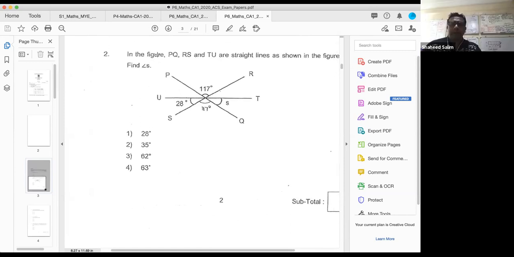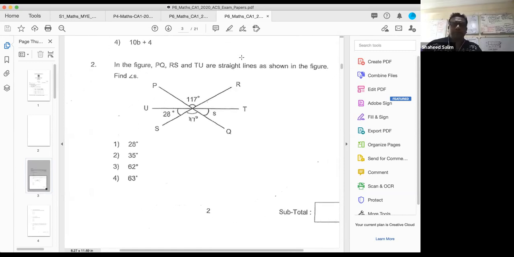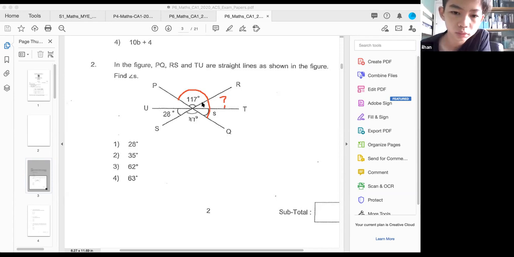Okay, let's see. Okay, Ilhan now. Down here now, we know this is, we want to find S. This is straight line. So from here to here is 180 degrees. What is this angle, Ilhan? Can see this one. 45. No, not 45. Look.